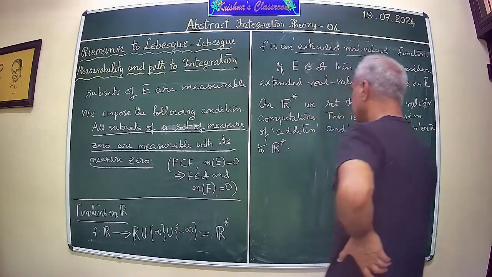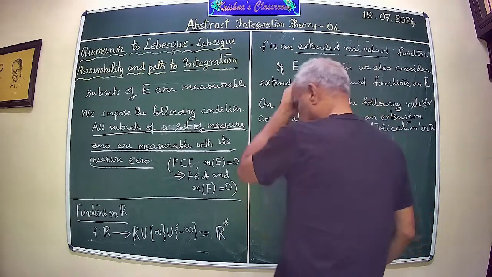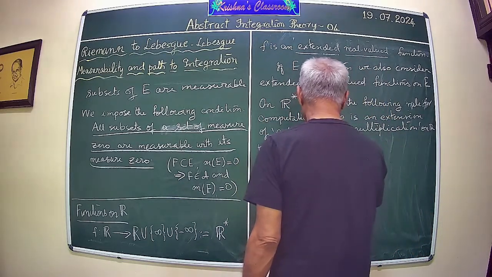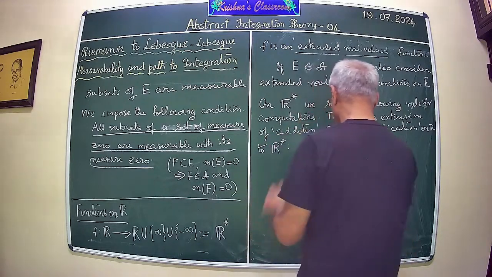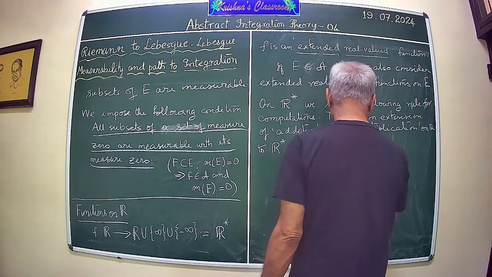So we do this as follows. We write x plus infinity equal to infinity.